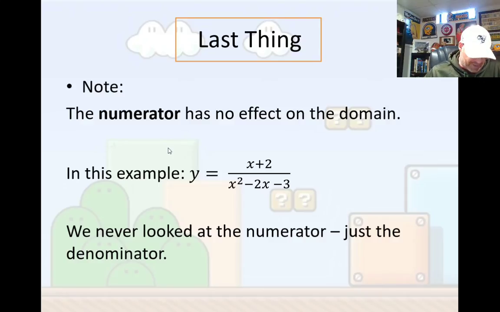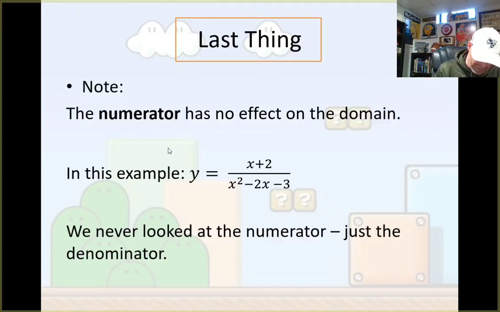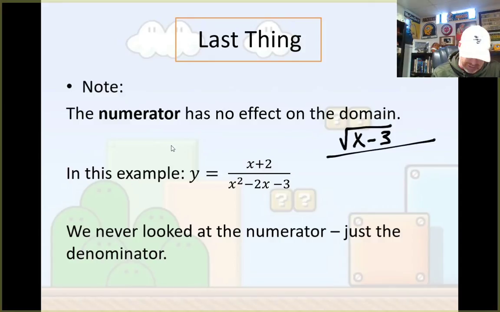Now, that's not to say that that's always going to be the case. You could have a 2-for-1 deal where the numerator is x minus the square root of x minus 3, and the denominator is, I don't know, x plus 4.